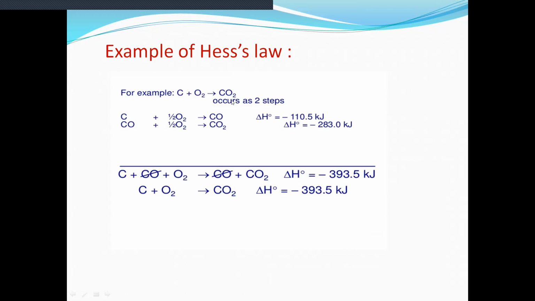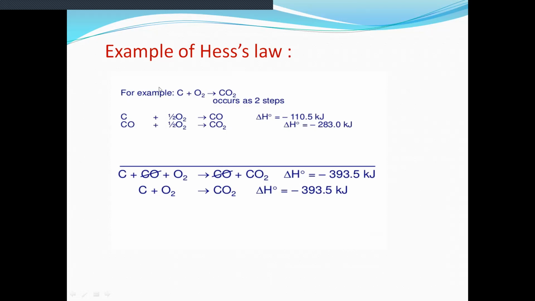Now, if we take the addition of these two, suppose this is delta H1, this is delta H2. Addition of these two, minus 110.5 kilojoule and minus 283.0 kilojoule, it becomes minus 393 kilojoule, which is equal to the carbon dioxide obtained in first process, that is only a single step.